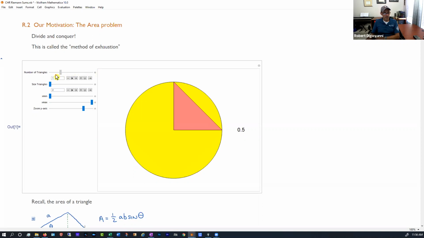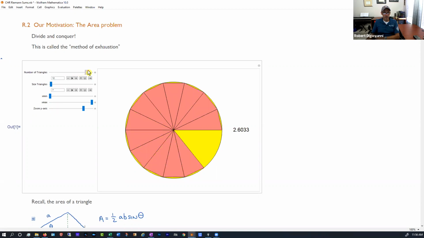I could do something like this where I change the size of the triangle. So I do a triangle like that, and then I start putting those in the circle like this. And now I've got all these triangles I can calculate the area of, and my error here in yellow is getting smaller, right?